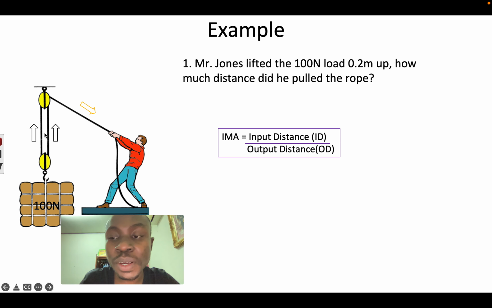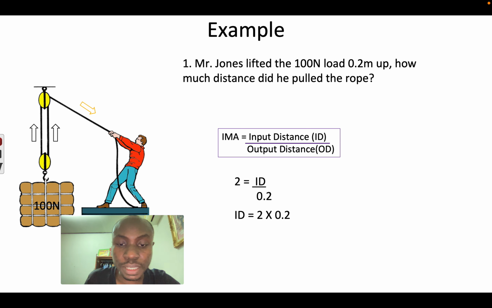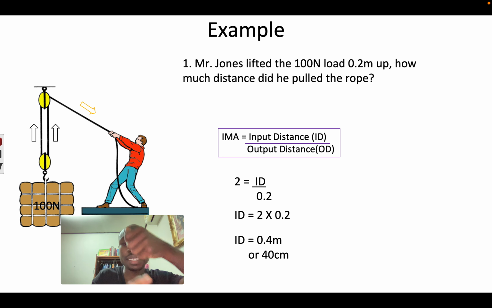How many ropes are supporting the load? 1, 2, only 2. The 3rd one we are pulling is not supporting the load, so the IMA will be 2. What about the output distance? We already know, 0.2 meters. So here we go. If you put in the numbers, the input distance will be 2 times 0.2, which is 0.4 meters or 40 centimeters. It means we pull the rope 40 centimeters.